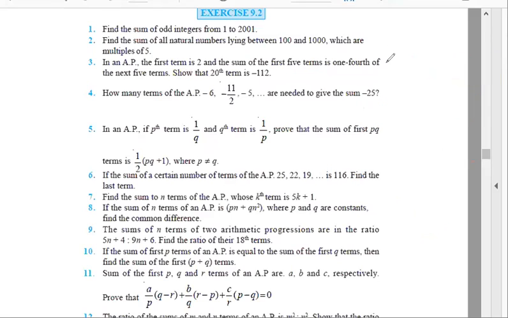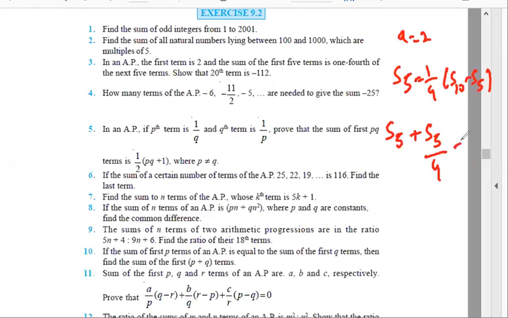Okay, so from here I got a is 2 and S5 is equal to 1 by 4 (S10 minus S5). Now if you solve this, S5 will go this side and become plus. S5 plus S5 by 4 is equal to S10 by 4.